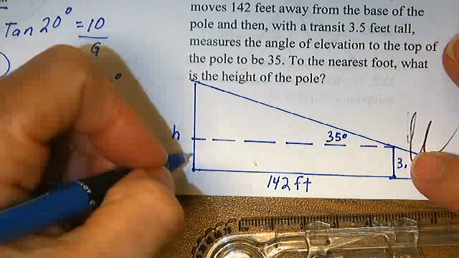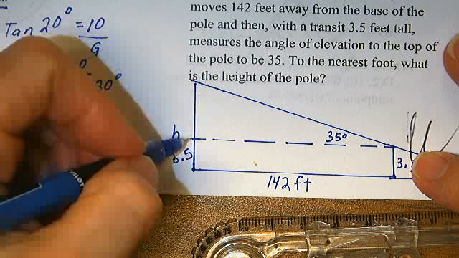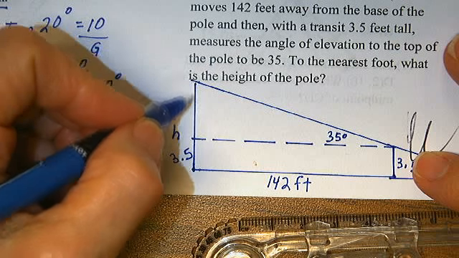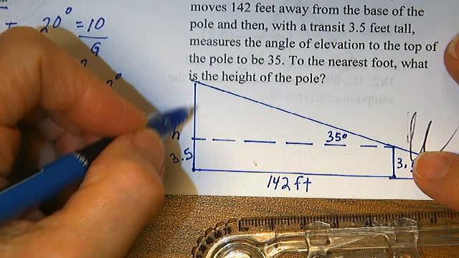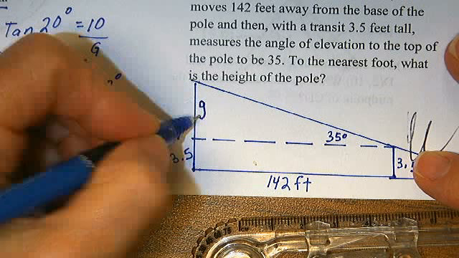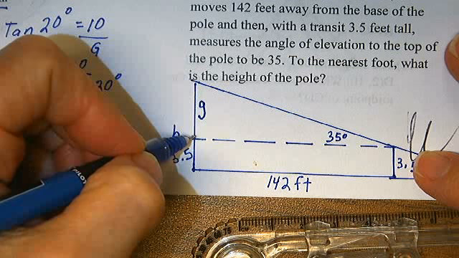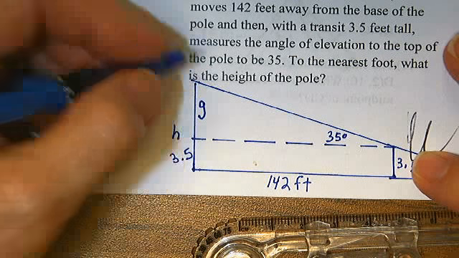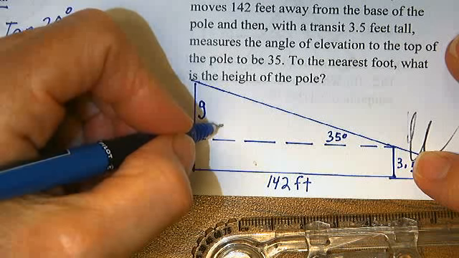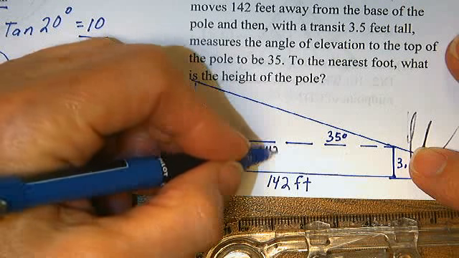I know this distance, or this height. What I am looking for is this piece, which I am going to call G. Here to here is G. Here to here is 142 feet.